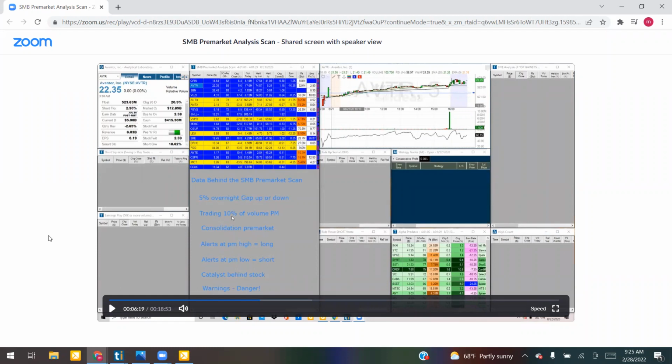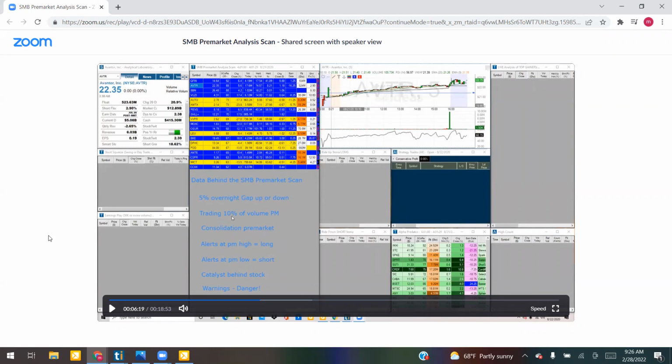At the break of the high or low, one of two things could happen. If it's a bad catalyst that prompted the gap up or gap down, most likely it's going to be a scalp trade, and that's a very difficult trade for new traders to take. You might want to tend not to take it.